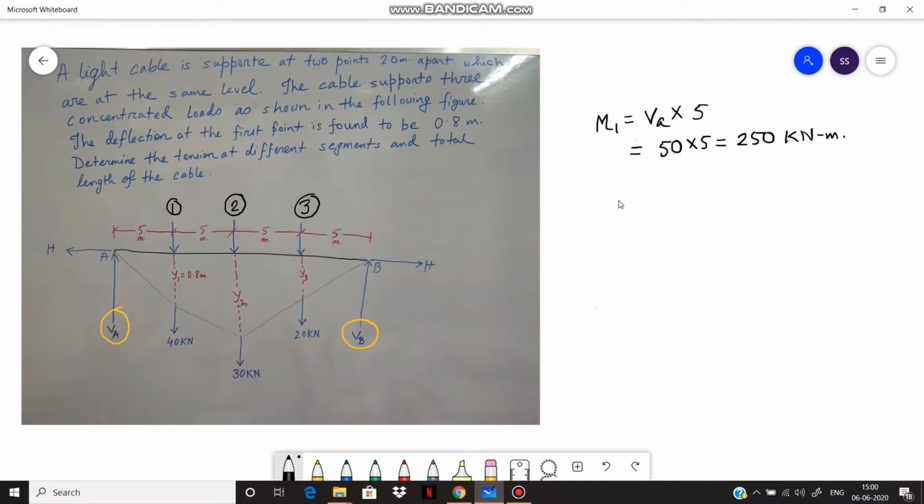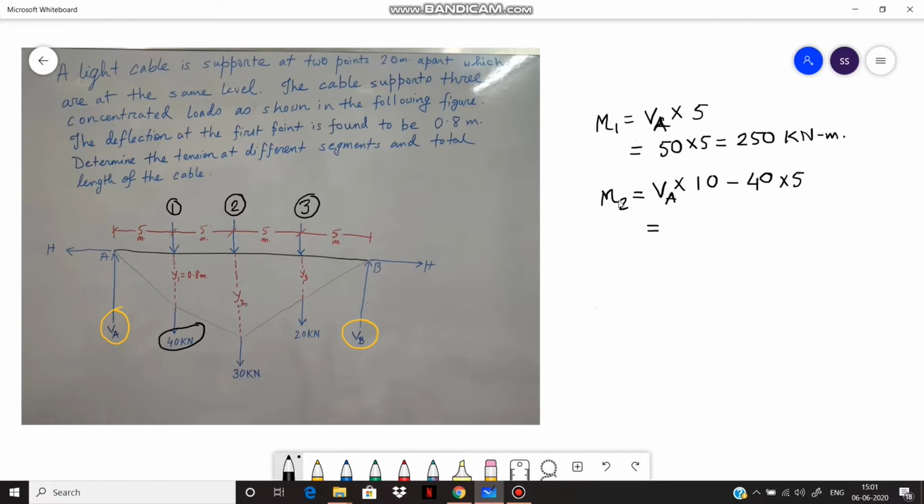Followed by the moment about point 2, that is M2 equals to VA multiplied by 10 minus 40, that means moment due to this force, 40 multiplied by 5.